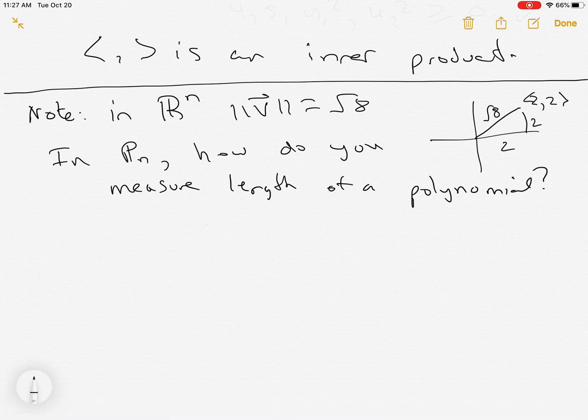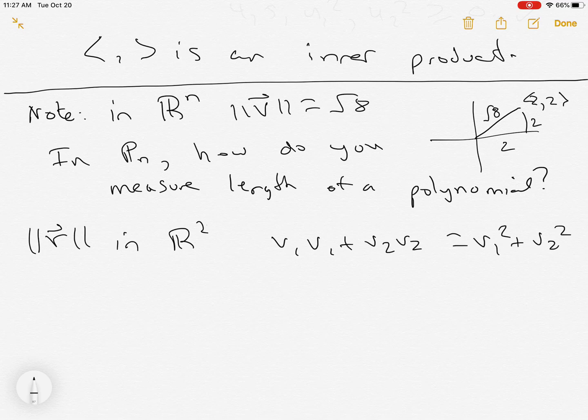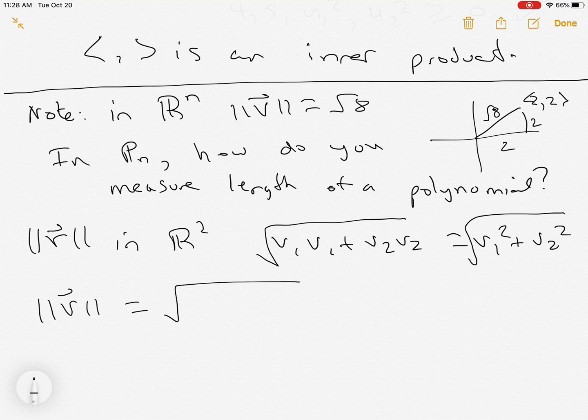If you look at the length of the vector v in R2, what is it? It's v1 squared plus v2 squared, but it's square rooted. And so the length of v is the square root of the inner product.